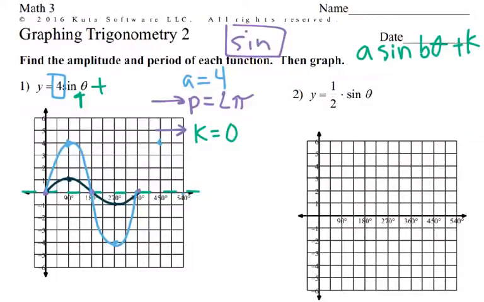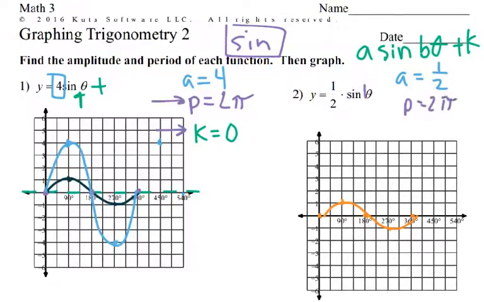So, once again, it's always a good idea to draw that parent graph just to remind you what it would look like. Okay, because that can help you decide where to go. So here my amplitude is 1/2. I don't have a number here, so my period is 2 pi.